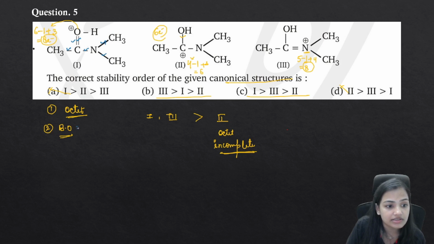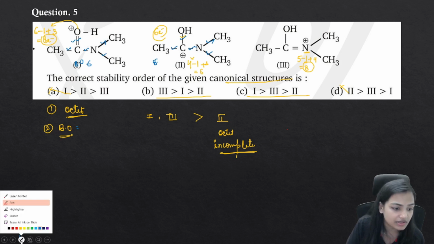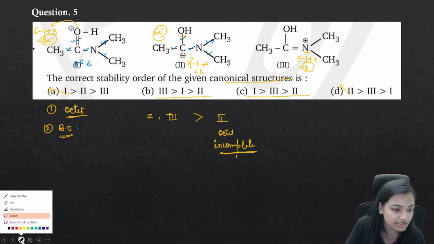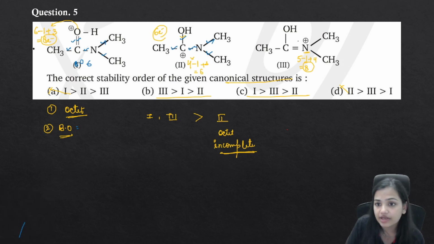The bond order here is 6. Here we have 1, 2, ignore this OH bond, because OH is in every other structure, 1, 2, 3, 4, 5. Don't do this for structure number 2 if it's very clear that structure number 2 is the least stable. Do it for structure number 3: 1, 2, 3, 4, 5, 6. The bond order is still 6.